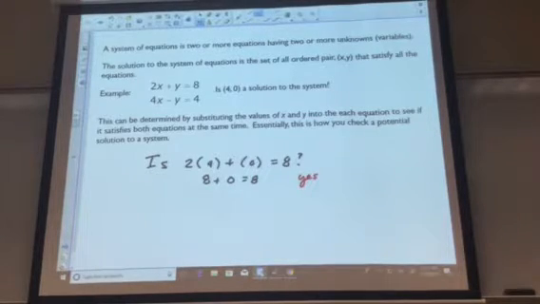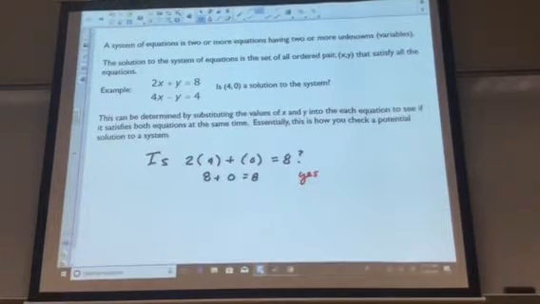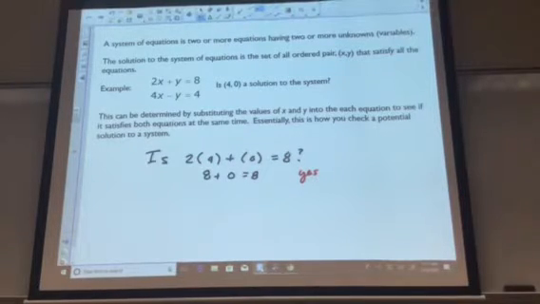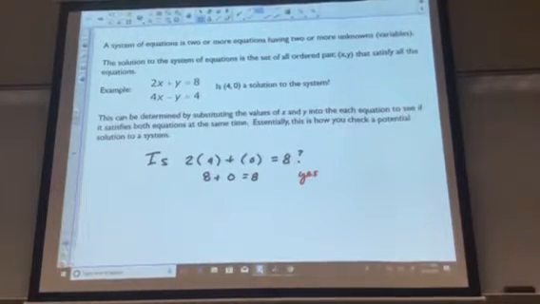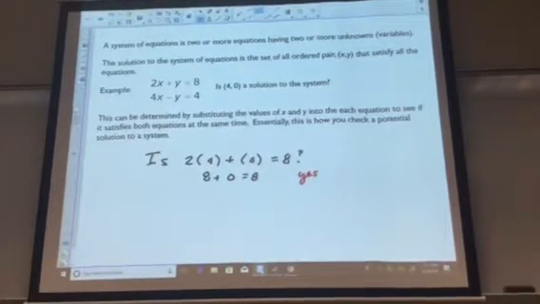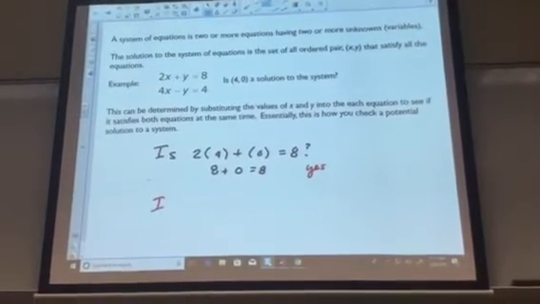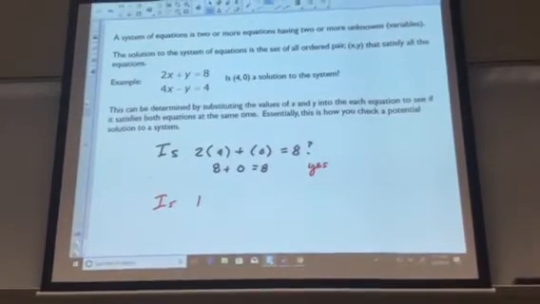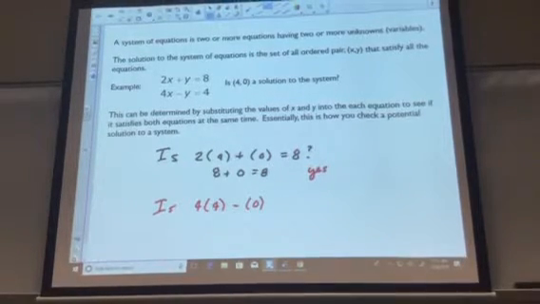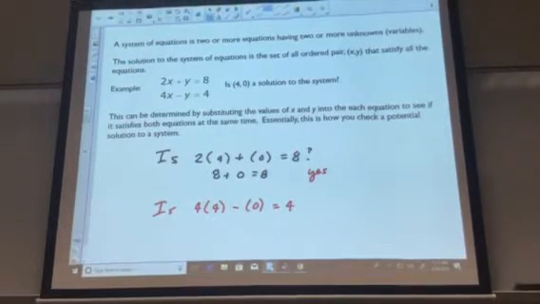So you can't say that just because it satisfied the first equation that it's automatically going to satisfy the second equation. You do know, however, that if it doesn't satisfy the first equation, there's no sense in trying to go on to the next equation because you got a failure on the first shot. So the second part of the problem asks: is 4 times the x value that they gave me minus the y value that they gave me equal to 4?